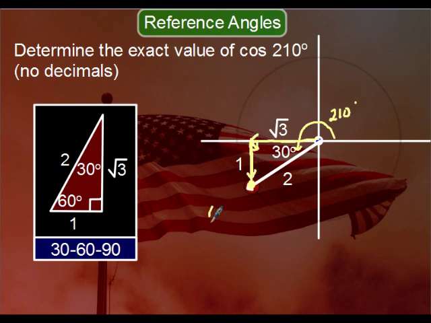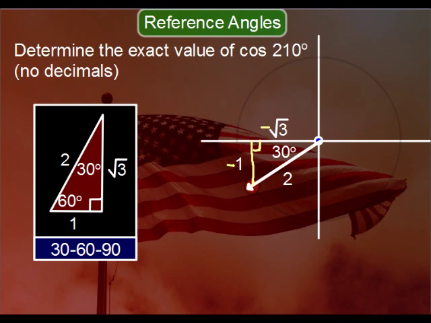So the coordinates of this particular point would be negative something, comma, negative something. In this case, root 3. So it would be negative root 3 and then down 1 unit, so negative 1. Because of that, we make both of these values negative. And that's key here, because once you have that, then you'll be able to ascertain the cosine more accurately.